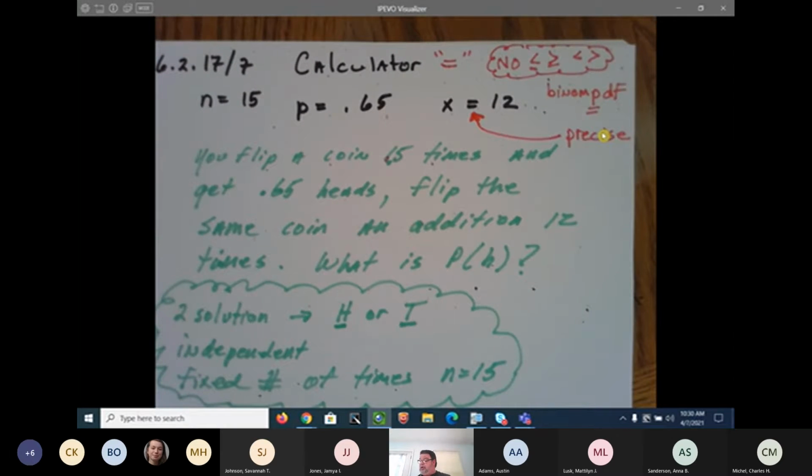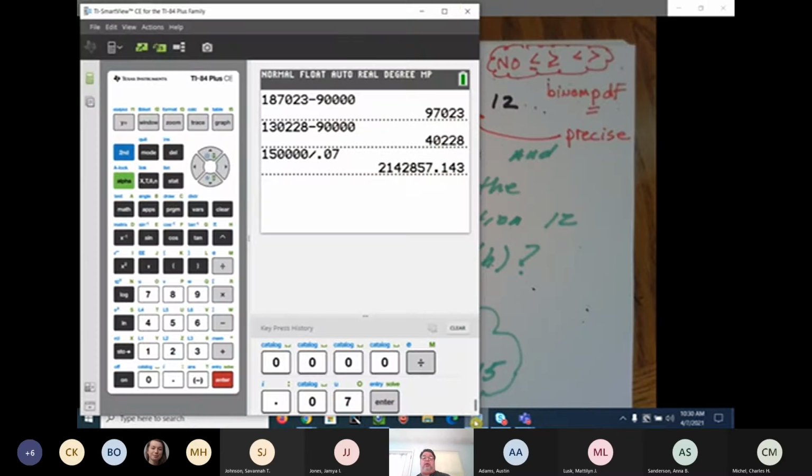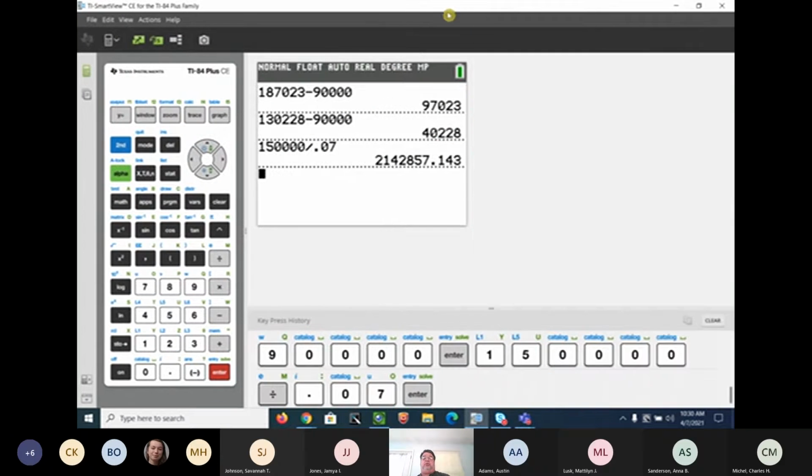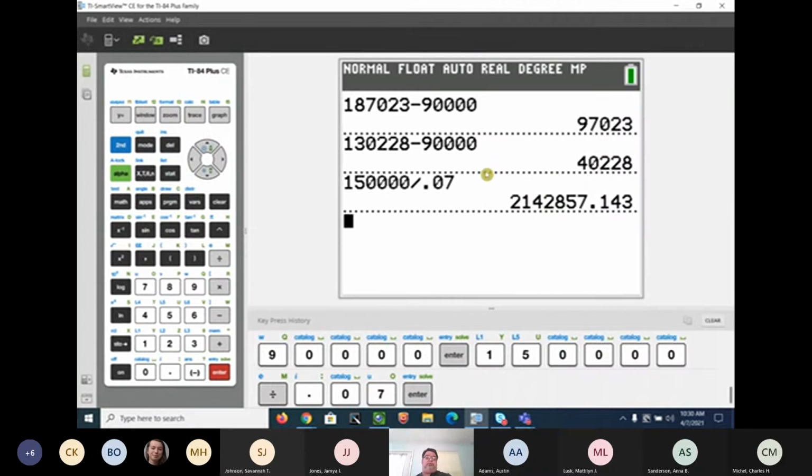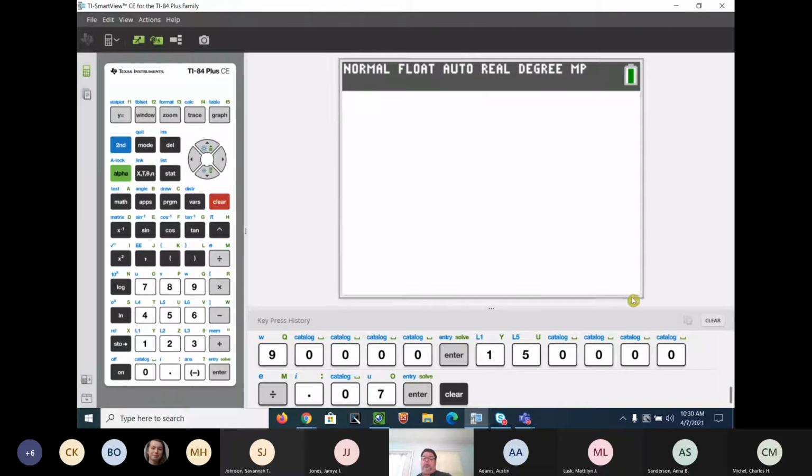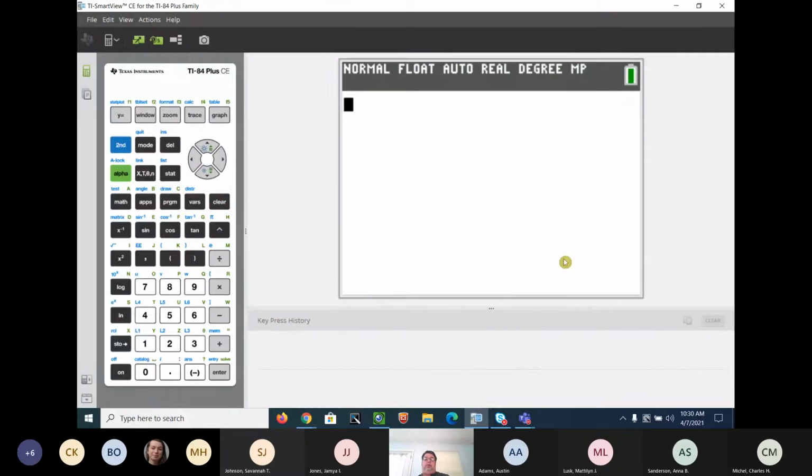Well, you go to your calculator. Let's go to our calculator. I'm just going to show you, and you write down whatever you need to write down. I'm going to clear this and clear the keyboard keystrokes. All right. To get to binomial PDF and binomial CDF, you have to type in second VARS.